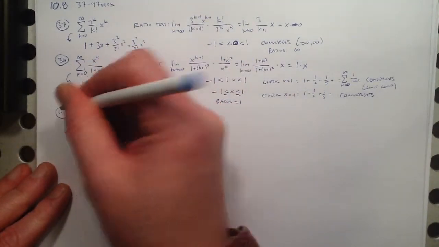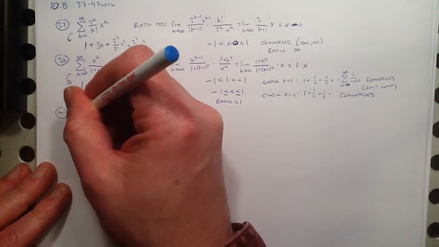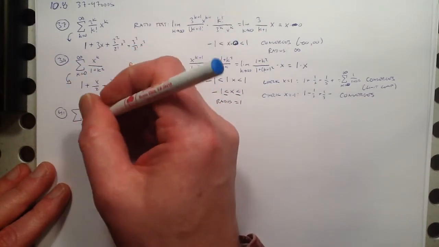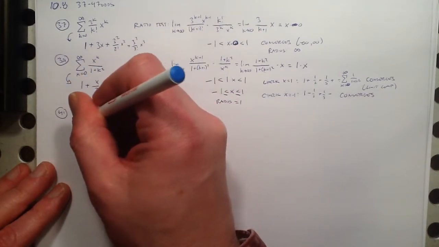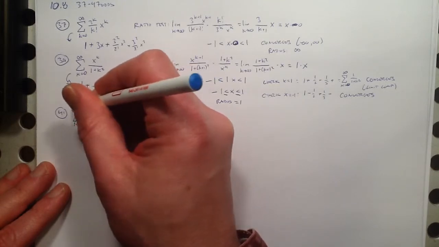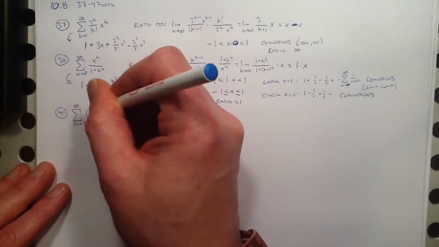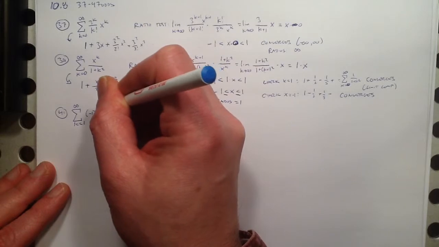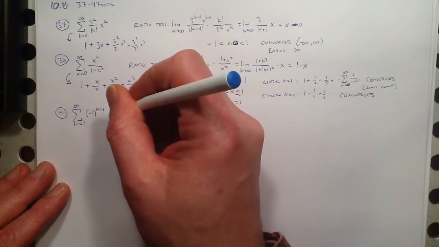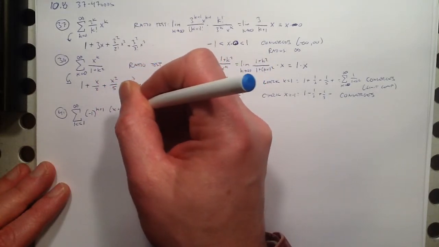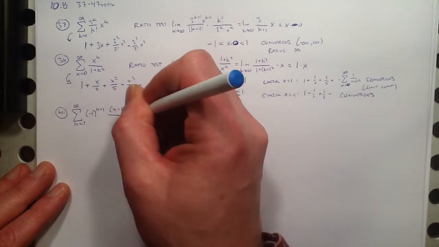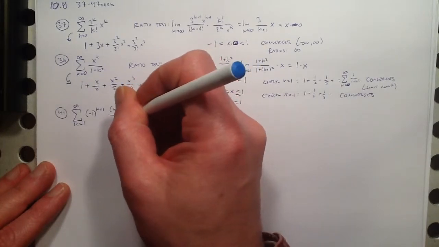Number 41, I have the sum k equals 1 to infinity, -1 to the k plus 1, it's alternating. I have x plus 1 to the k over k.